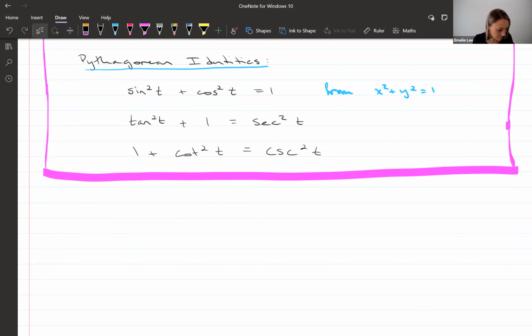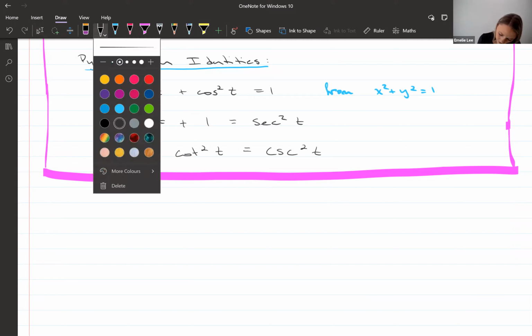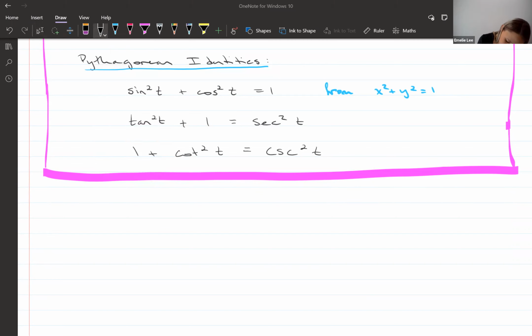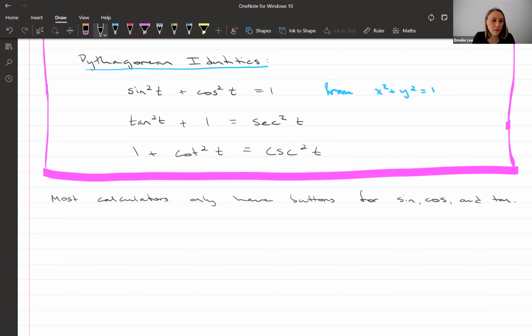Most calculators only have buttons for, in the order they appear, sine, cosine, and tangent.